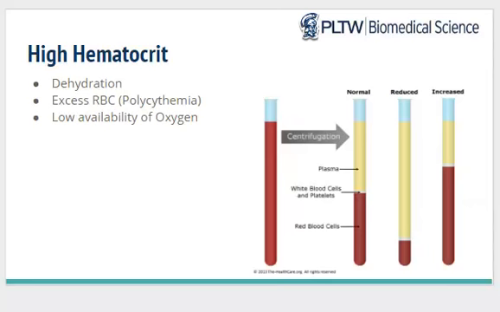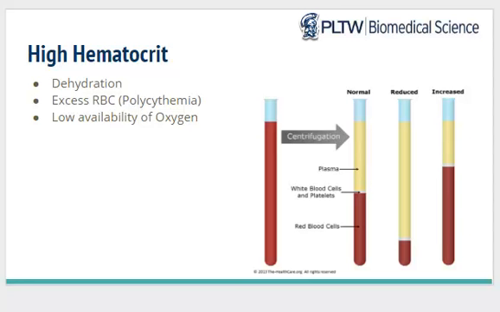There's a couple things that could be the cause of a high hematocrit reading. First and foremost, dehydration. If somebody comes in and they're super dehydrated, the amount of water that's in their plasma is going to be less. Since the hematocrit reading is the proportion of red blood cells to whole blood, if there's less water, there's less plasma, and that could indirectly influence the ratio of red blood cells to whole blood.